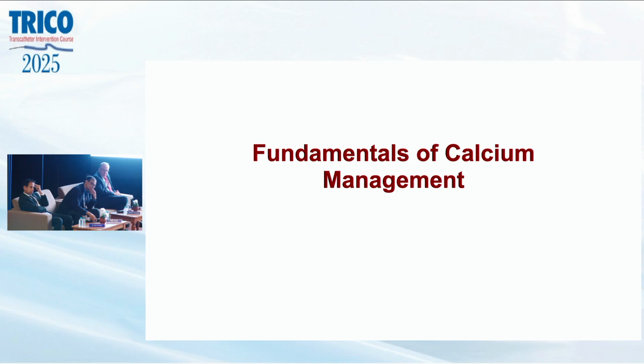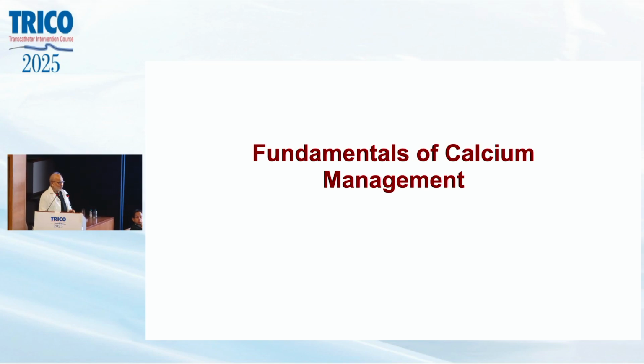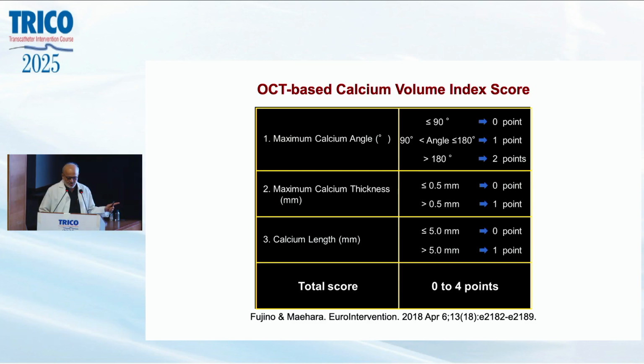Actually, OCT has changed my perspective completely about the calcium management. And I think OCT outsmarts every single other imaging modality as far as calcium management is concerned. Why do I tell you that? Because the OCT-based calcium score has been devised by Fujino and Maehara et al.